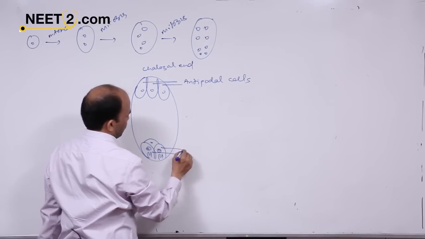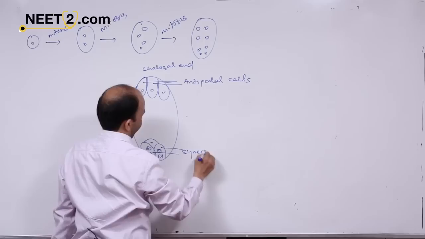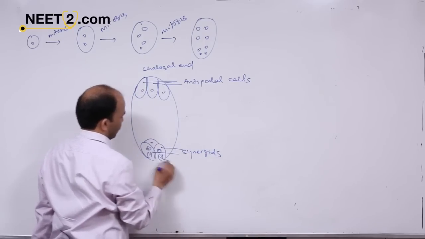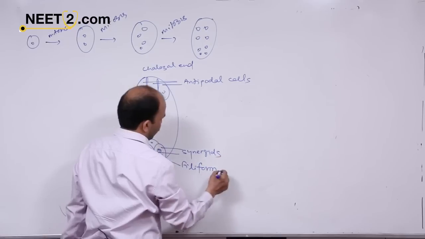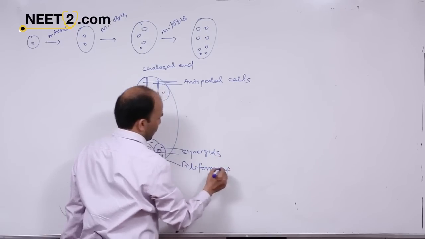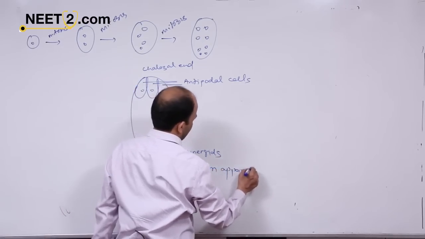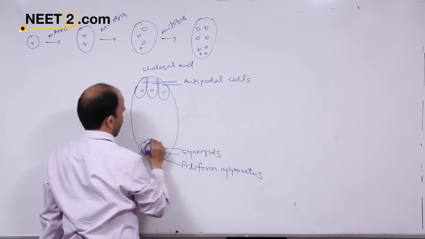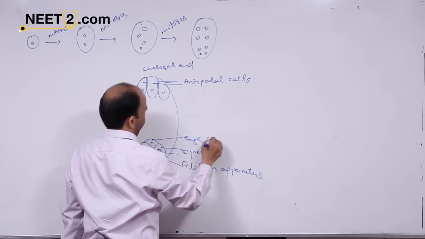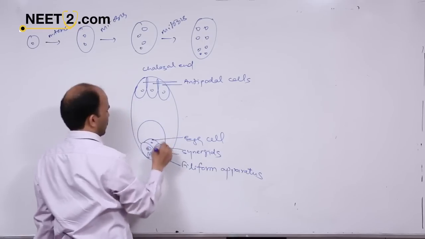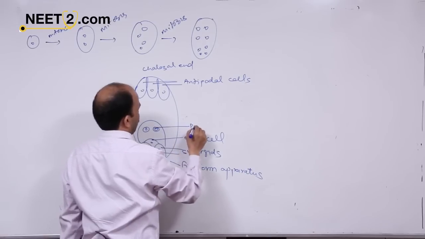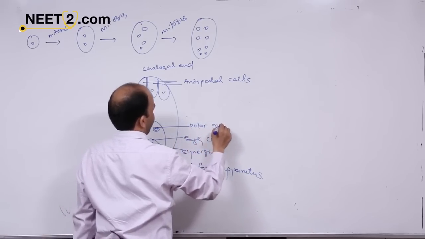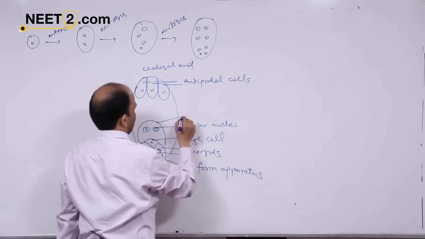These 2 will remain synergids. This is the filiform apparatus, which secretes a chemical to attract the pollen tube towards itself. This is the egg cell, and inside the center there will be the presence of 2 polar nuclei. This is the central cell.